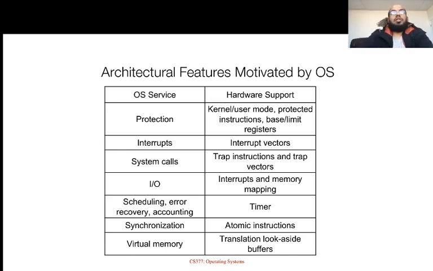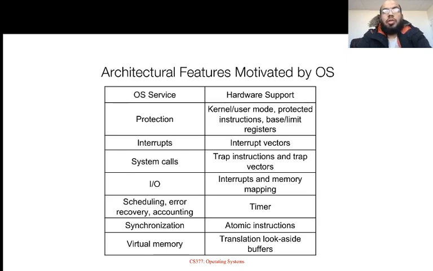Many of the architectural features in today's chips, in today's computers, are actually motivated by the operating system. So in this table, we look at how operating system concepts actually affected the way that hardware evolved. We have talked multiple times about the need for protection in operating systems. You do not want applications running on the same computer to be able to steal data from the other applications.